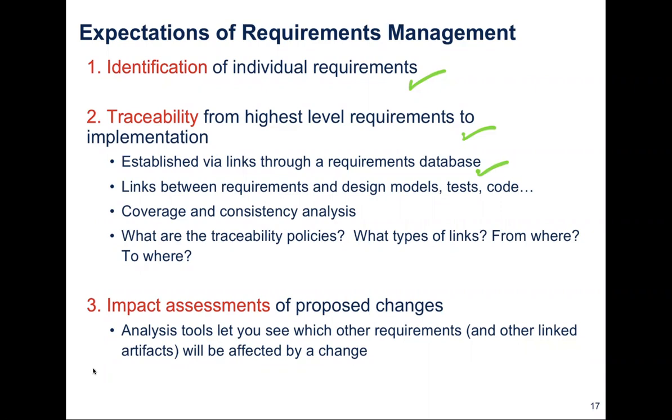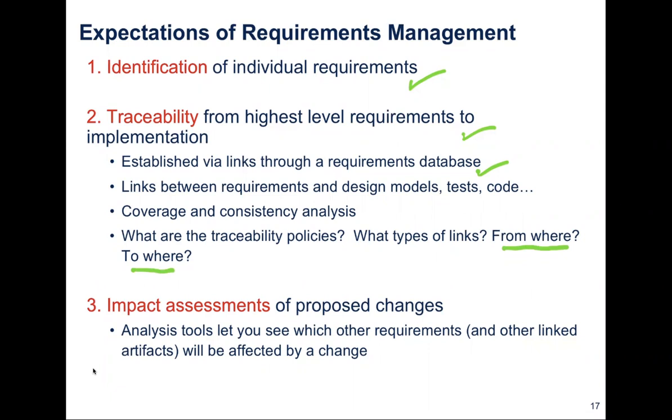We need to provide a coverage and consistency analysis, and we need to understand the main traceability policies among requirements from the highest level requirements to the implementations. We need to understand different types of links between requirements and other elements in the system. And we need to also understand from where this traceability could start and to where the traceability might end.